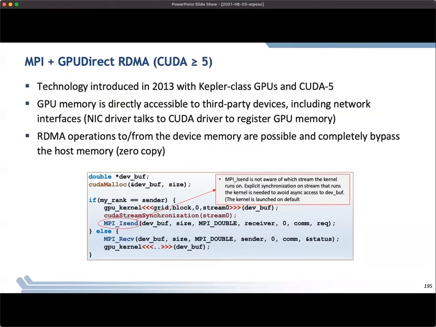But if you have a CUDA version that is new enough, which is supported since Kepler and CUDA 5, the GPU memory is directly accessible to the network card. In that case, if you have a compatible GPU and a compatible network card, the code is the same, but internally it can skip the copying between GPU memory and CPU memory, and go directly to the network.